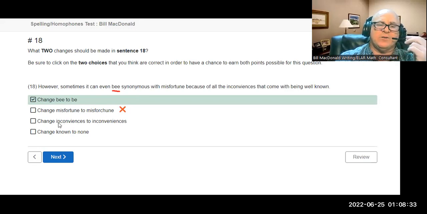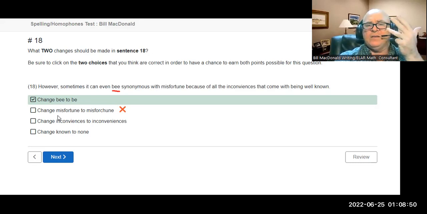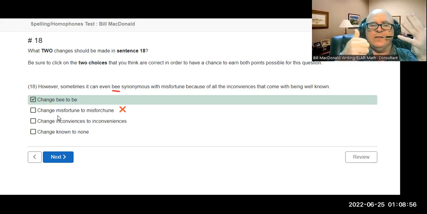Now, if I break this down, conveniences, so when I broke it down, oh, that wasn't what I thought it was. Inconvenience, inconveniences, 5 syllables. Inconveniences. That's got 6 syllables.